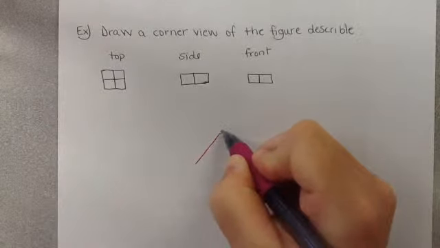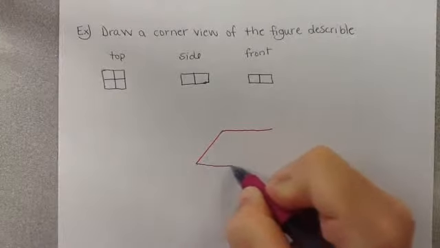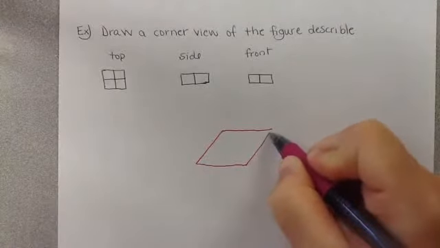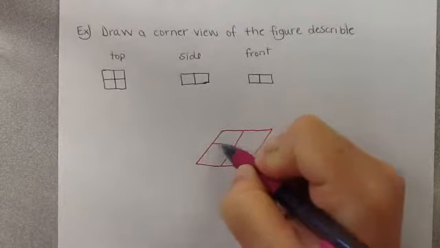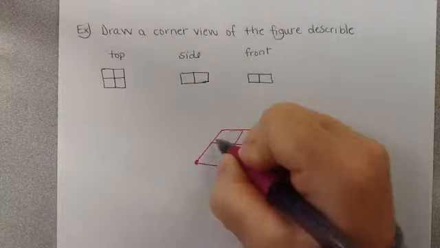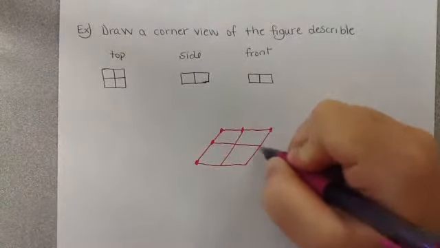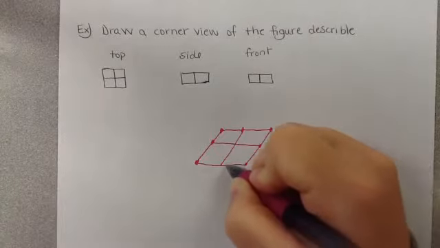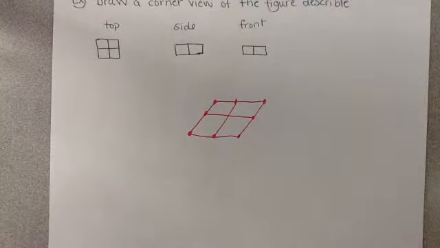So I'm going to draw my top. And how many boxes do I need in this rectangle? It is a 2 by 2. You'll just connect the dots to make it a 2 by 2. So there's my top.